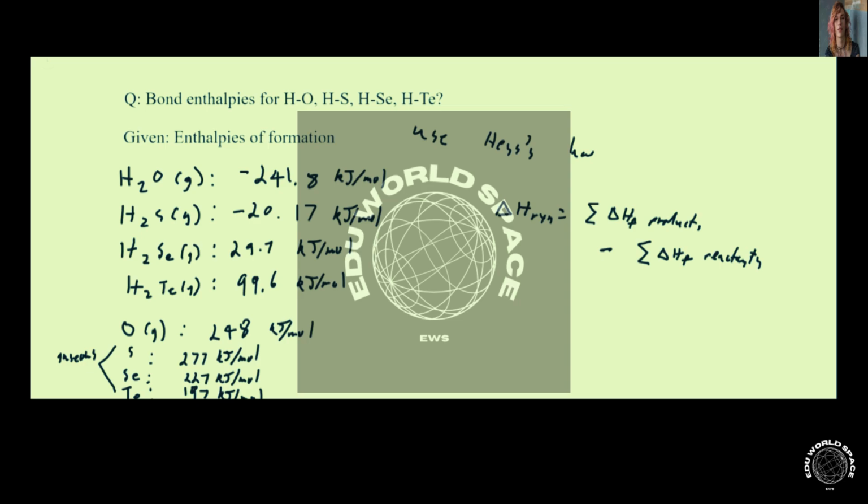So we're just going to construct a reaction for each of these four cases where we take something like H2O and break it down into just isolated gaseous hydrogen atoms and isolated gaseous oxygen atoms. And that enthalpy will be the enthalpy of breaking two H–O bonds.